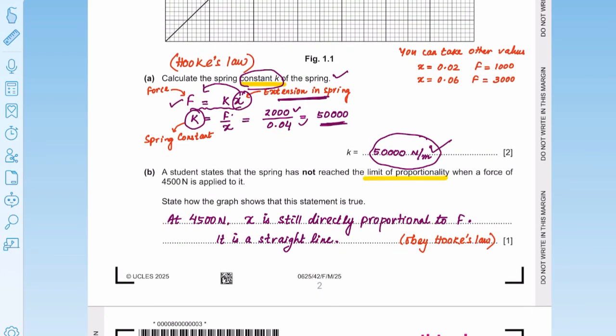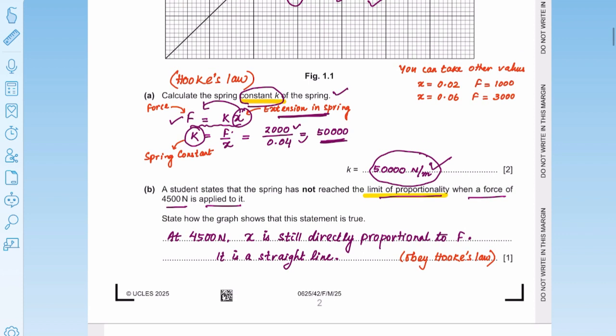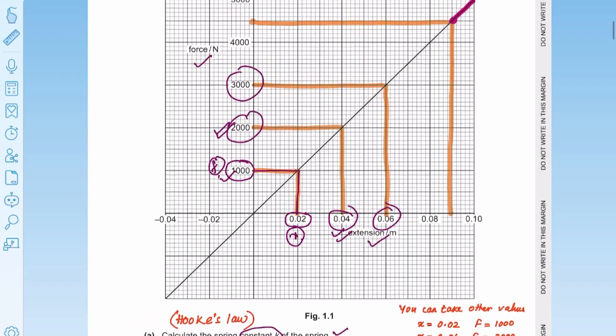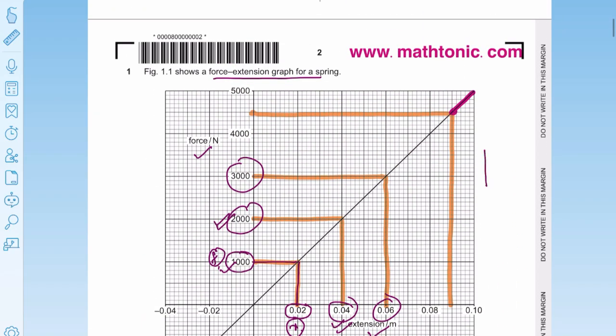Next question is given. A student states that the spring has not reached the limit of proportionality when a force of 4500 is applied to it. Try to understand what we mean by limit of proportionality. For example, if I draw a graph like this, this is extension in the spring and this is force in the spring, right?